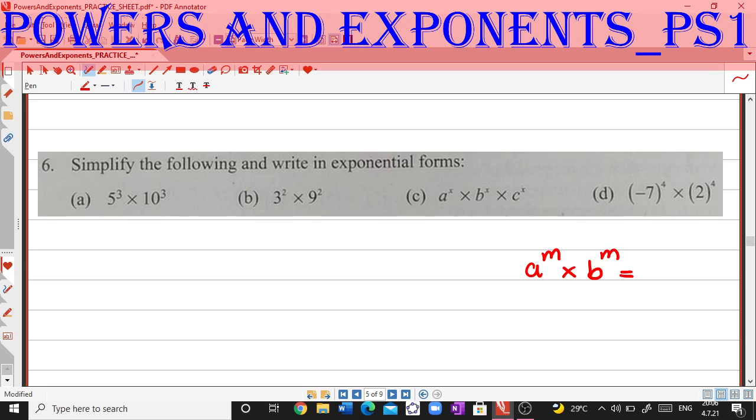So this rule says that when the bases are different but powers are same, we have to use this rule. You have to do whatever operation is there. If it is multiplication, then you have to do the product of the bases, but if there is division, then you have to divide the bases and apply the common power. So here we are going to apply this rule. So let's see.